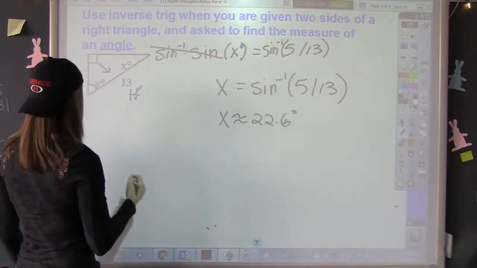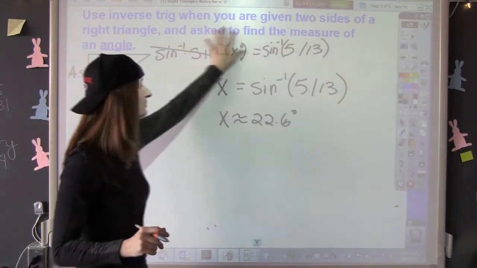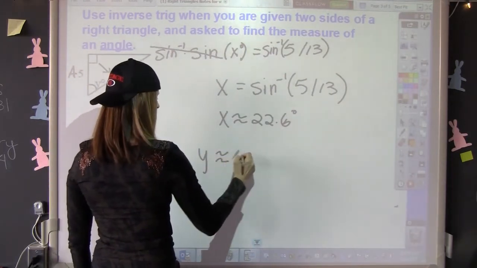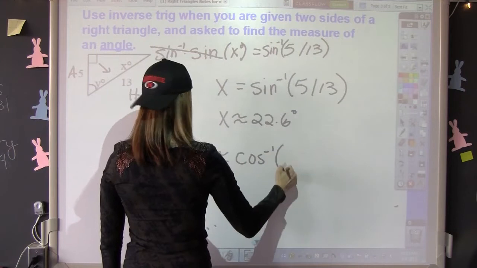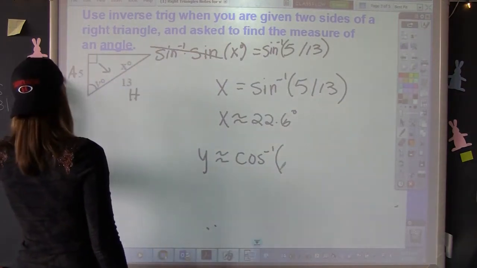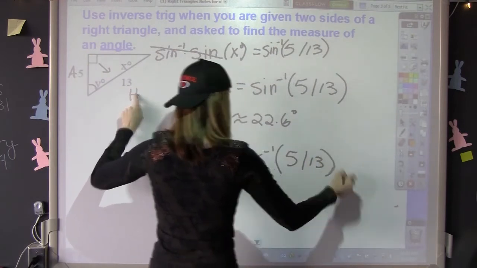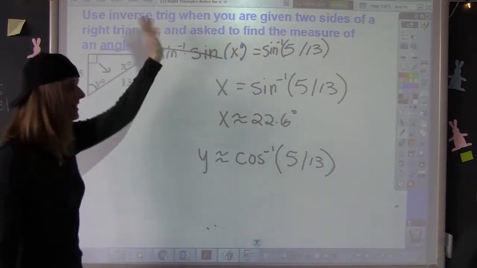Cosine. Okay, so now I'm not going to go through all this. The inverse cosine of 5 over 13 should give us the measure of that angle. You can go through all that if you want.